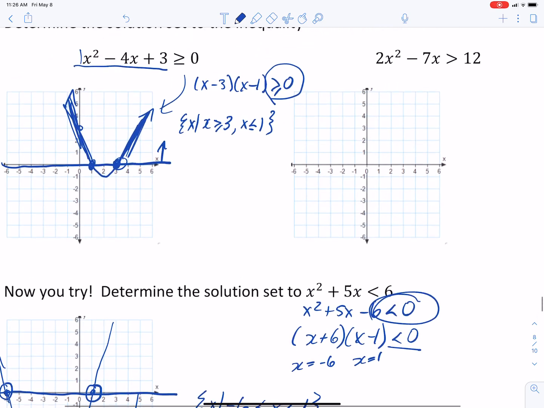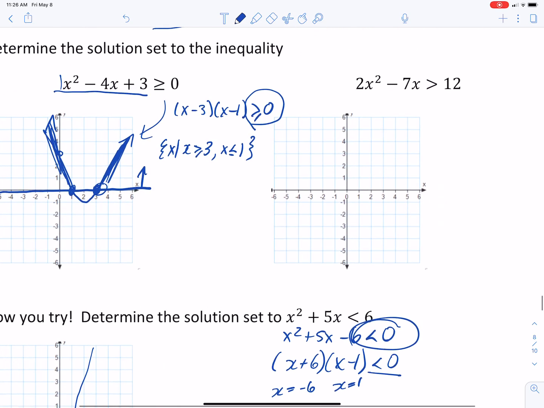All right, now if we turn our attention to this one, which I skipped over, if you tried it, you'll know why I skipped over it, because it's kind of an ugly one. I've got 2x squared minus 7x minus 12. When is it greater than 0? And the problem here is that this doesn't factor nicely, so we have to use the quadratic formula.